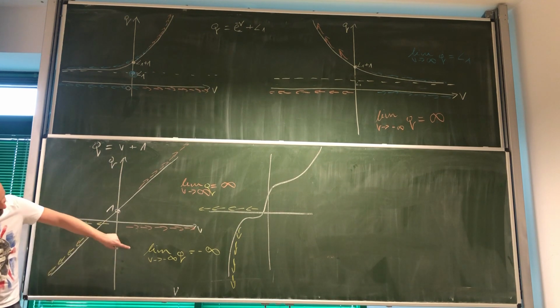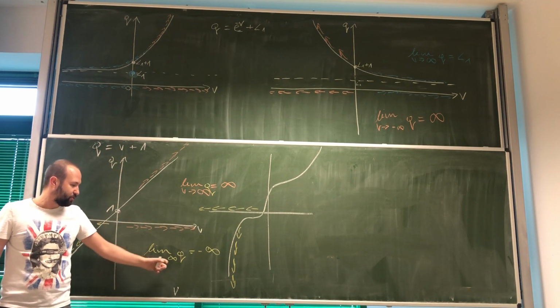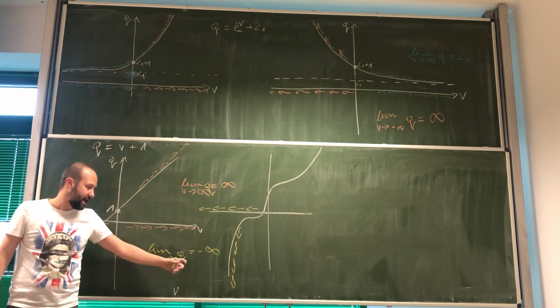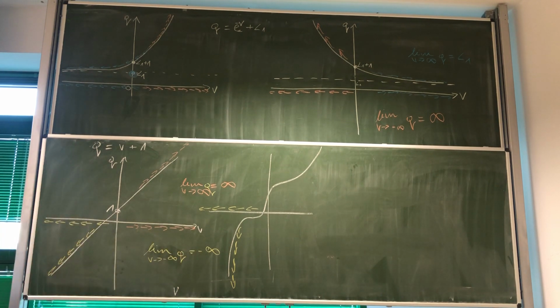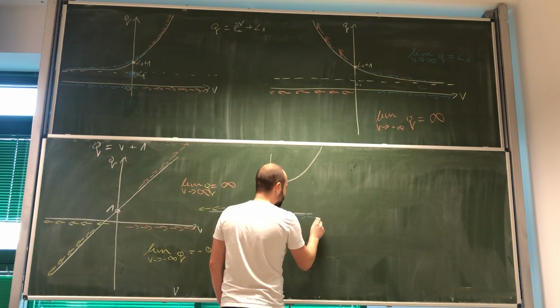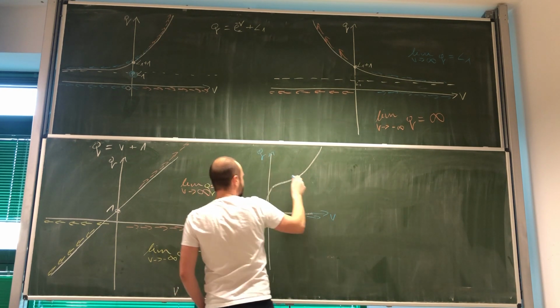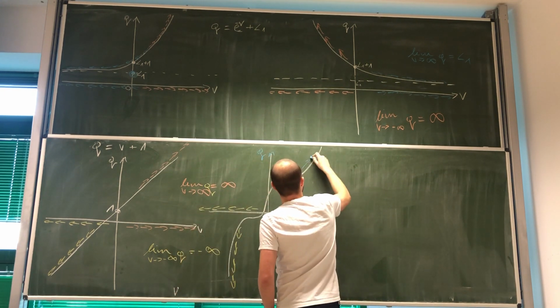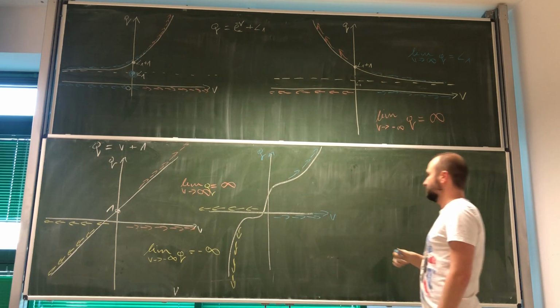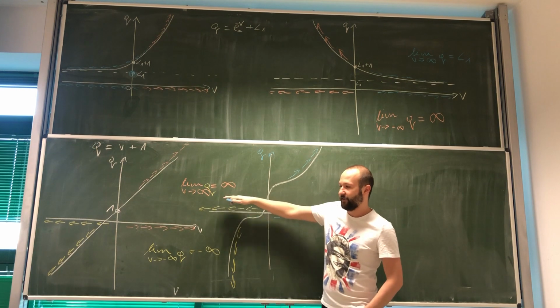So again, the limit with v approaching negative infinity of q would still be negative infinity. And in the opposite direction as well. As v is getting bigger, we see the values of the function are ever growing, so the limit must be infinity.